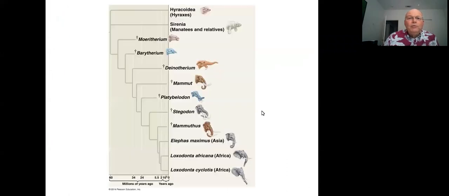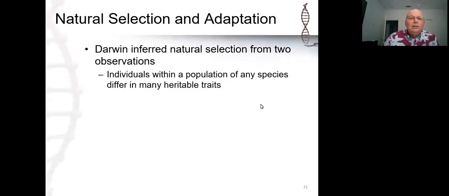So there are a number of observations and assumptions that we know Darwin and Wallace both made, that you have to make in order to develop the idea of natural selection. So I'm moving through this a little bit so that we can look at these observations. So this is where we begin with the observations. So the first observation is that all individuals of a population are not the same. There are differences. And you can see that for yourself. You look around, you look at members of your family, you look at members of any species, and you realize that not all individuals are exactly the same.